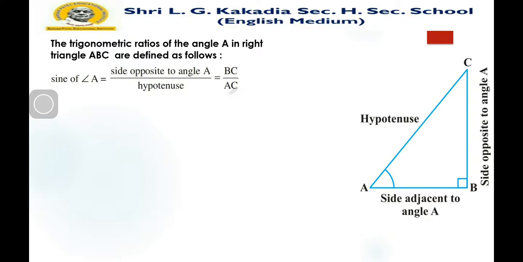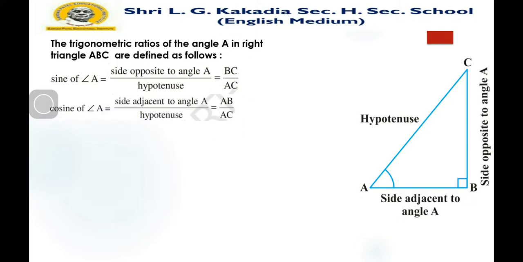Sine of angle A is equal to the side opposite to angle A upon hypotenuse, which is BC over AC. Once again, sine of A is the side opposite to angle A upon the hypotenuse, that is BC over AC.